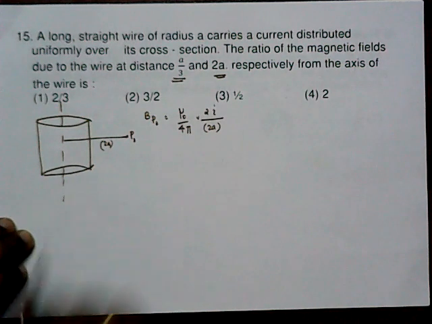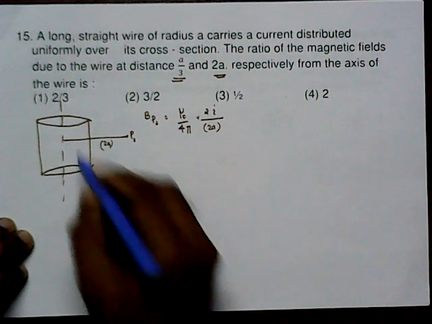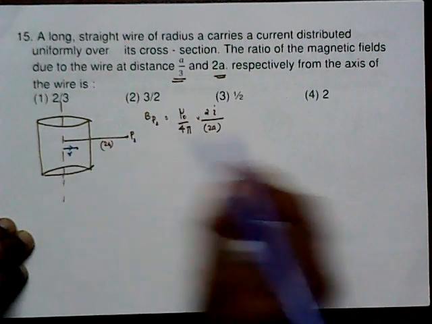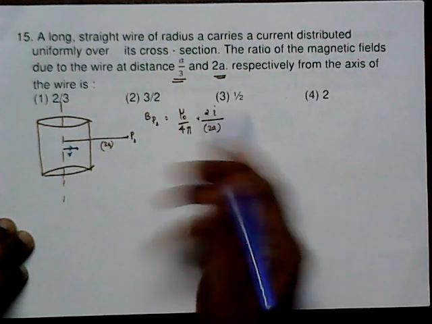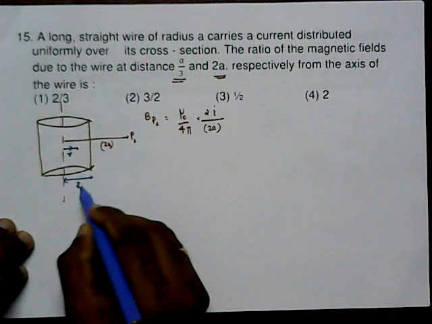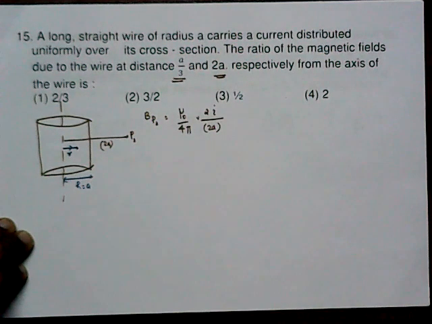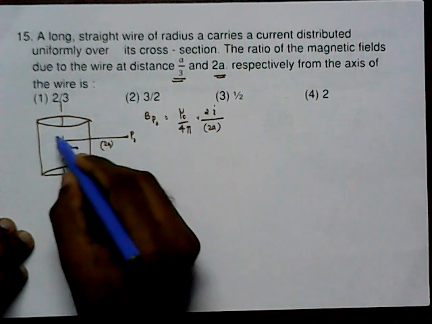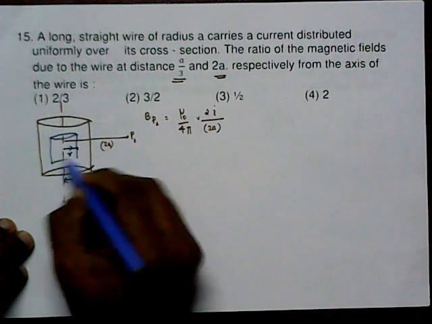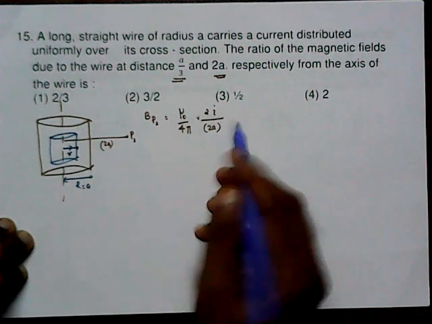But here another very important concept is wanted: to find the field at a particular point at a separation R. So how can we find it? Here the radius is given as capital R, but here it is A. So at first you have to construct an Amperian loop including the point under consideration.